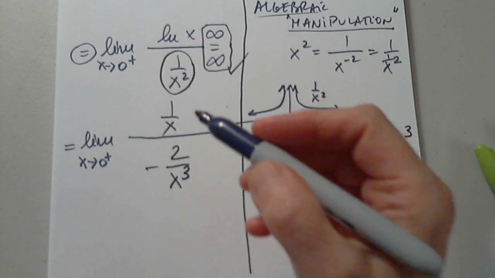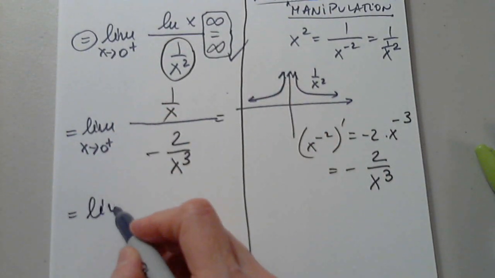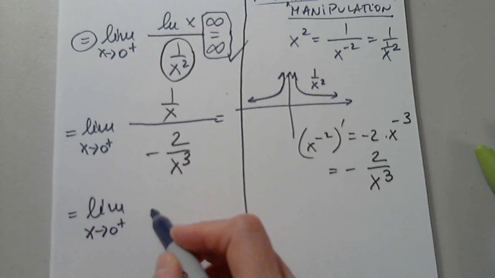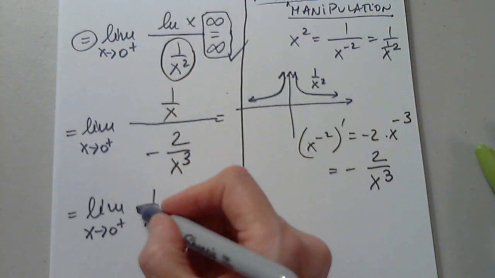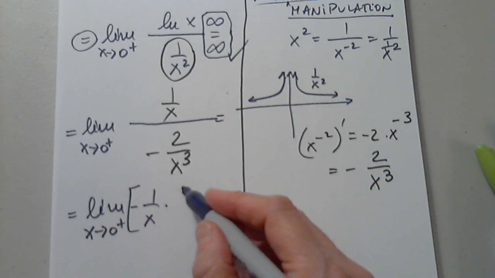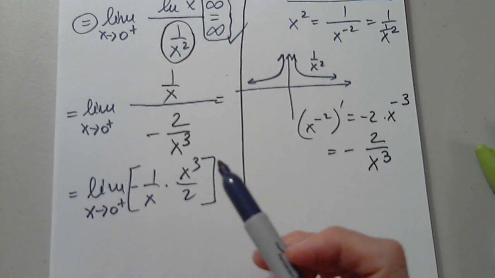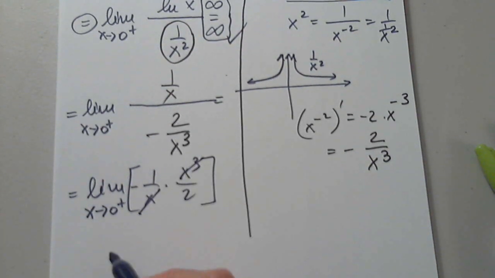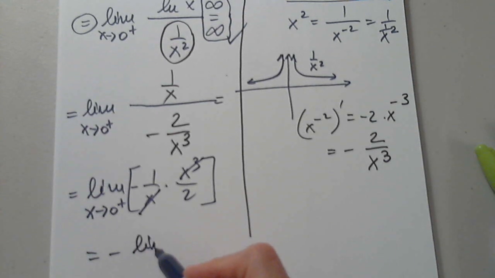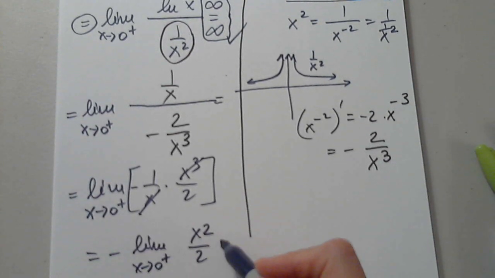Because now I keep 1 over x, and I flip this, and I put a negative in front. Beautiful. I simplify one of the x's. I'm left with negative limit of x squared over 2 as x approaches 0 from the right.